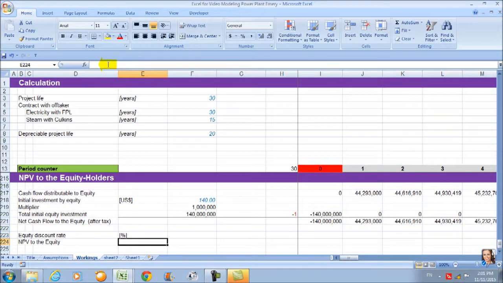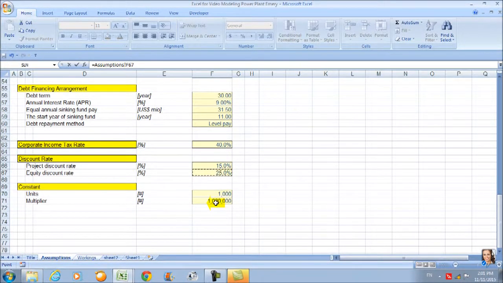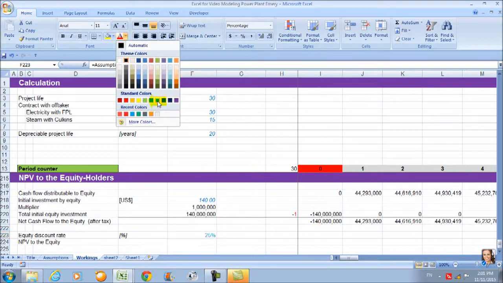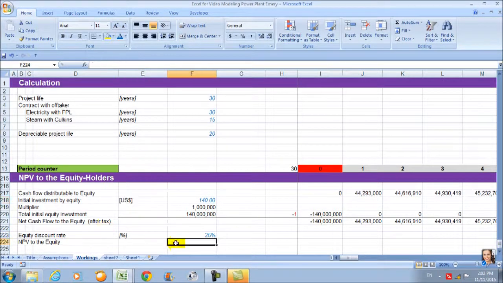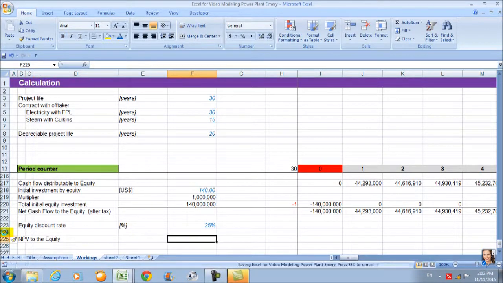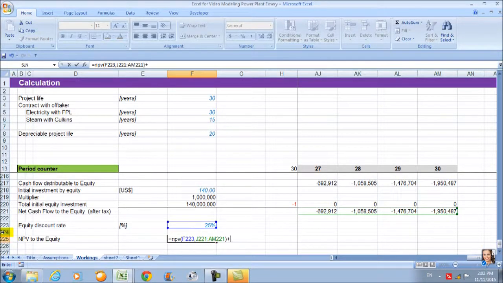This is percentage, and then I just link it to the assumption. Put the blue one. Okay, so NPV of the equity, I just have to put more space here, save it. It is equal to NPV, then you have your rate, and then you have your values, then you close, and then you plus your initial investment.